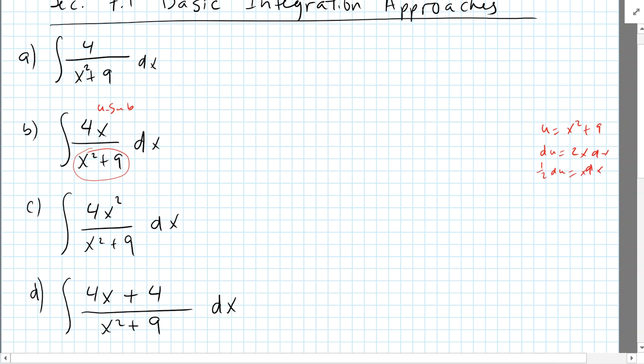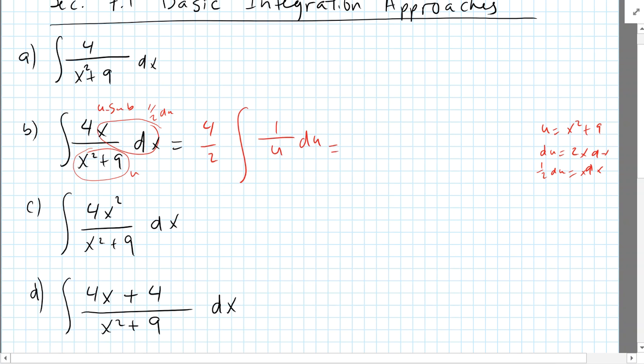So this equals, and I'm going to pull the 4 out in front, the integral. And then instead of the x dx, I'm going to put a 1/2 du. So the 1/2 goes with the 4, which ends up being 4 over 2, and I end up with 1 over u du.